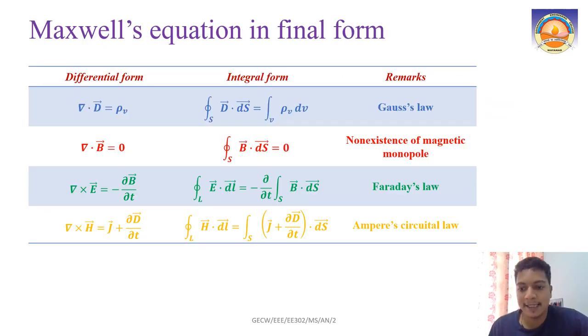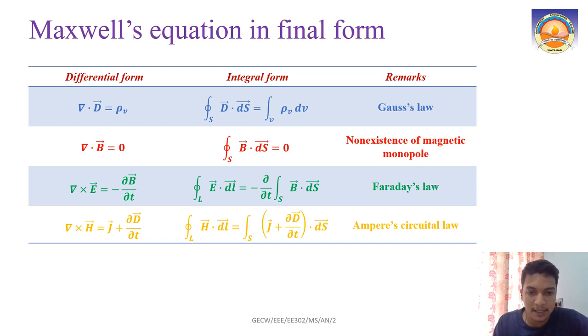Let us start from Maxwell's equations. This is the general form of Maxwell's equation. Before the lockdown, we already derived a similar table in our class for static fields, right? It was for static fields.